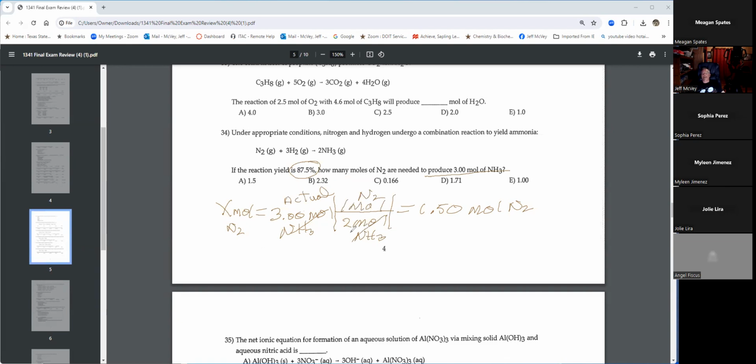But what we actually need is the amount that we need to get an 87.5% yield. So let's take a look at that. I've got 87.5 divided by 100, which is 0.875.